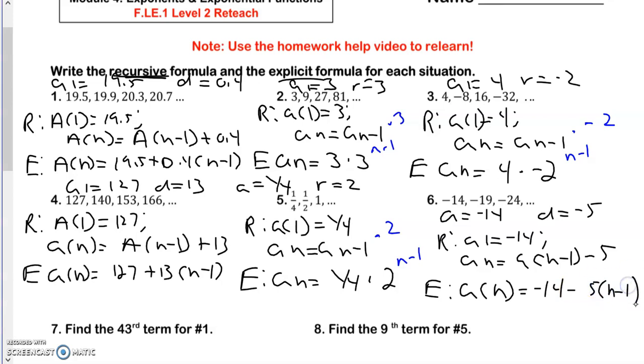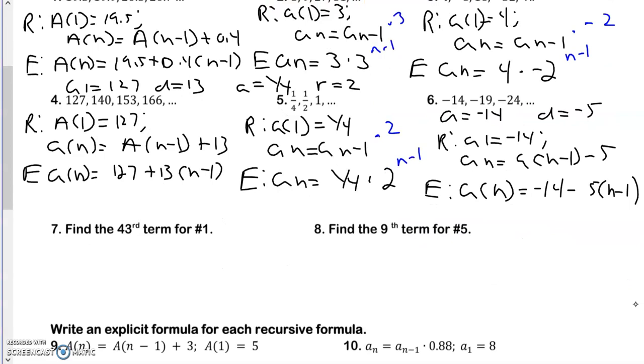Now let's take a look at this. I am looking for the 43rd term of number 1. So I'm going to go up to 1. And the formula that I always use is the one with the E. I always use the explicit to solve anything. So instead of n, I'm going to put in 43.